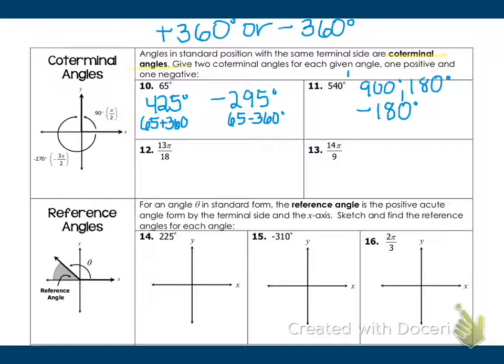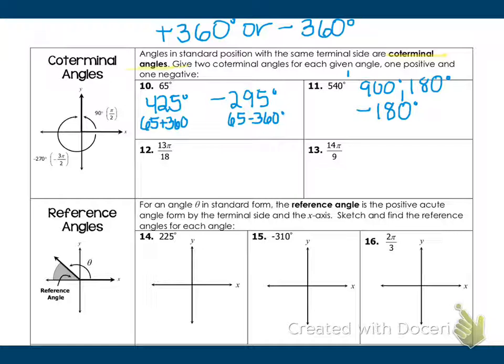So what about if instead they give you radians? Well, there's really two options here. When they give you radians, you would assume that they want the coterminal angles in radians. So one thing you could do is convert 13 pi over 18 into degrees, find the degree versions of the coterminal angles, and then convert back to radians.